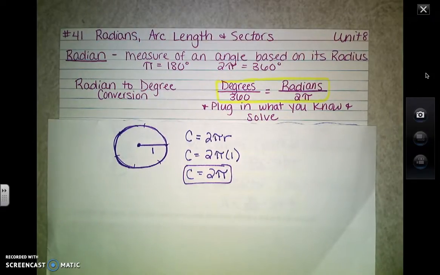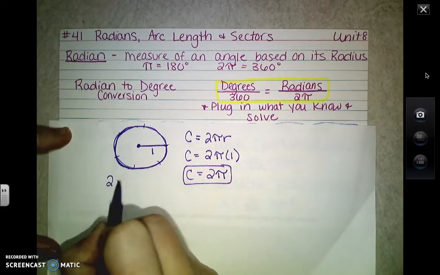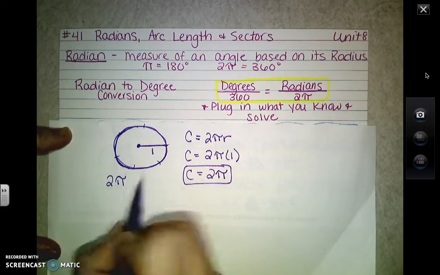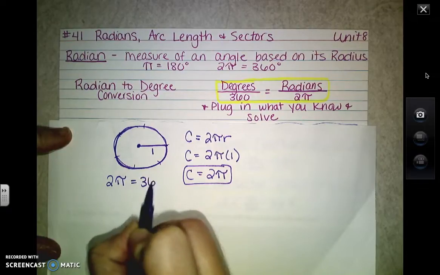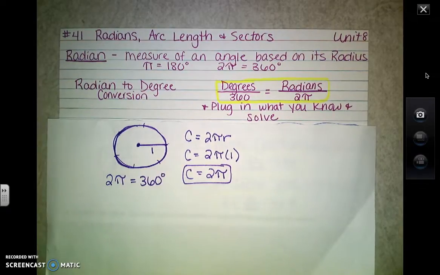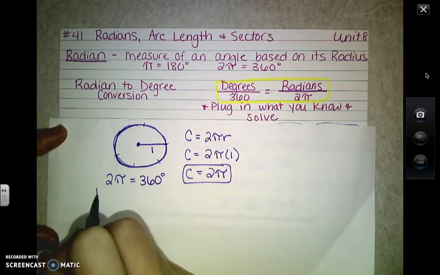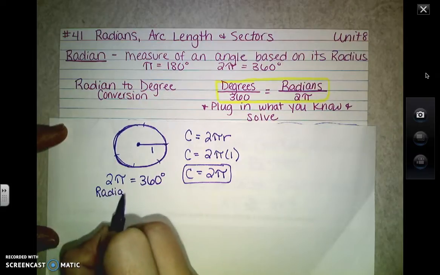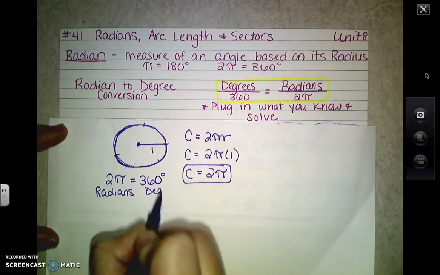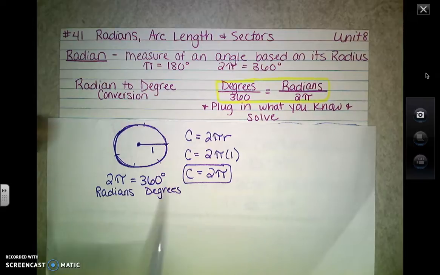That's why we say 2 pi is 360 degrees, because 2 pi represents the circumference of this circle, and it also is 360 degrees. So the radians are 2 pi, and the degrees are 360, and those are equivalent. That's imperative to converting between radians and degrees.